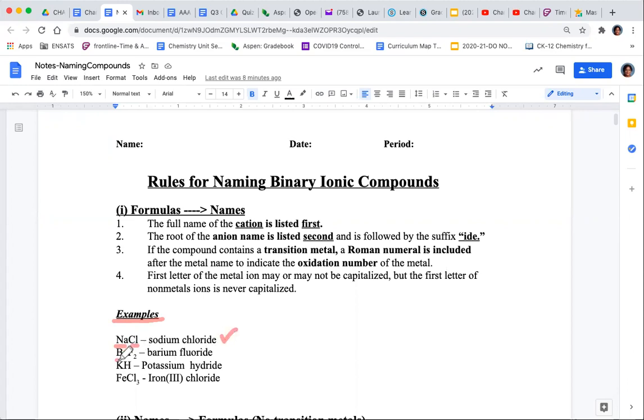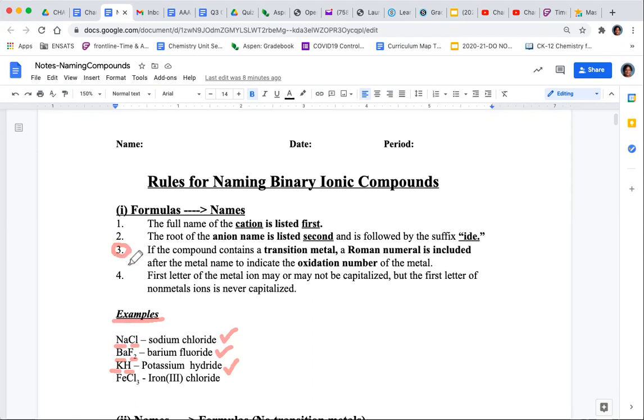Second example, Ba stands for barium and F stands for fluoride, so barium fluoride. In potassium, hydrogen becomes hydride, so potassium hydride. Now this is the time I want to insist on points 3 and 4.